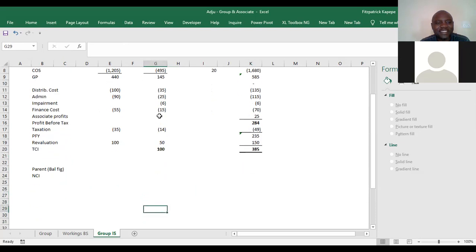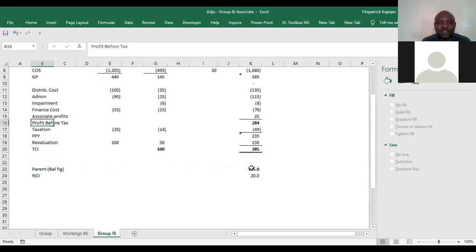So what we are actually saying is that for the NCI, it is actually going to be this 100 times 20%, which gives you NCI, which gives you 20. So meaning that for the parent company, we are going to have the 385 minus the NCI. So whatever remains goes to the parent company as a balancing figure, which is 5.